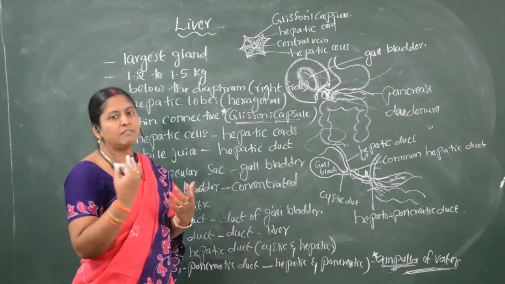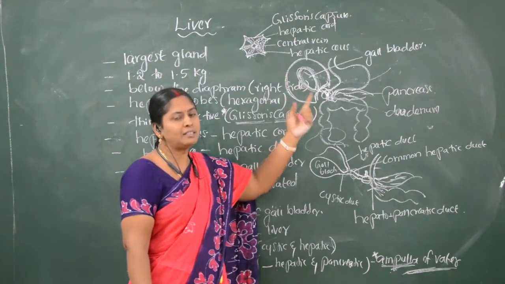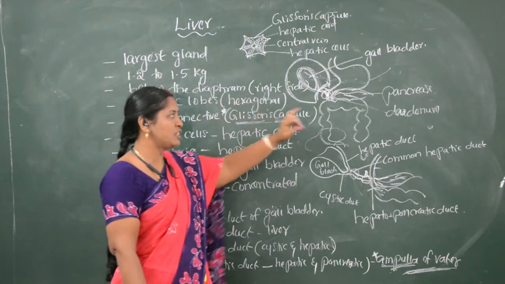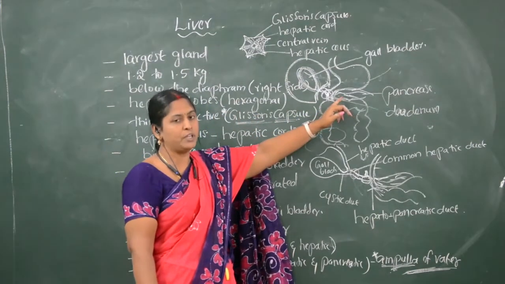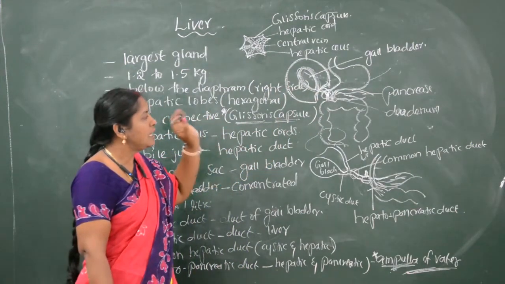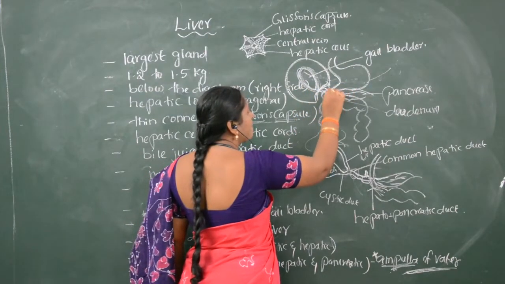While uniting with the duodenum, another duct called pancreatic duct, because a leaf-like structure, the pancreas, is present between the limbs of duodenum. That pancreas secretes the pancreatic juice. Even pancreatic juice must enter into the duodenum.